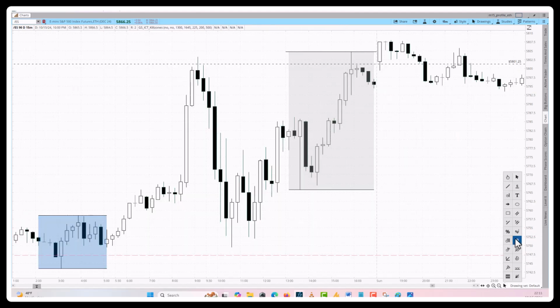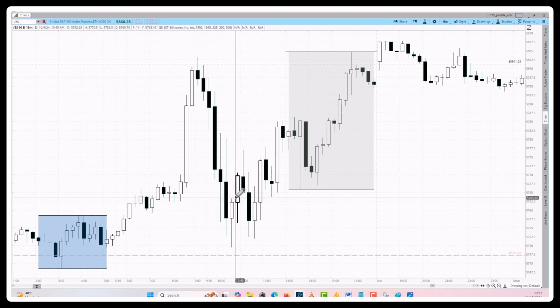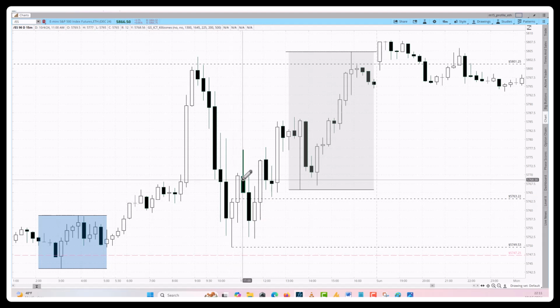So let's go through it real quick. Basically, the first up close candle after the down move, you mark the high and you mark the low right there. In this case, it breaks up the high of this candle right away, and you wait for another move down, and then we can go in and go long.